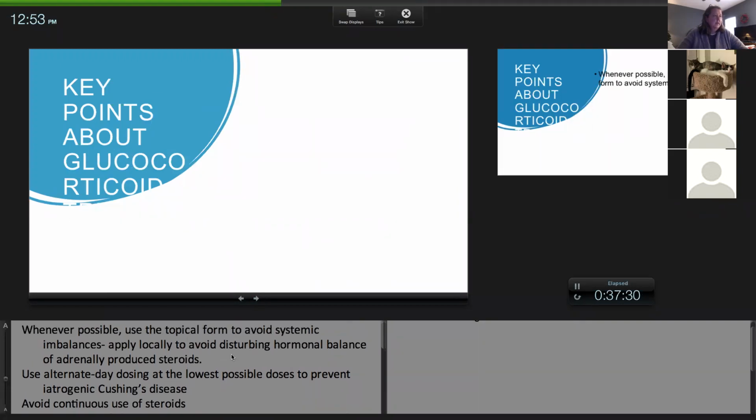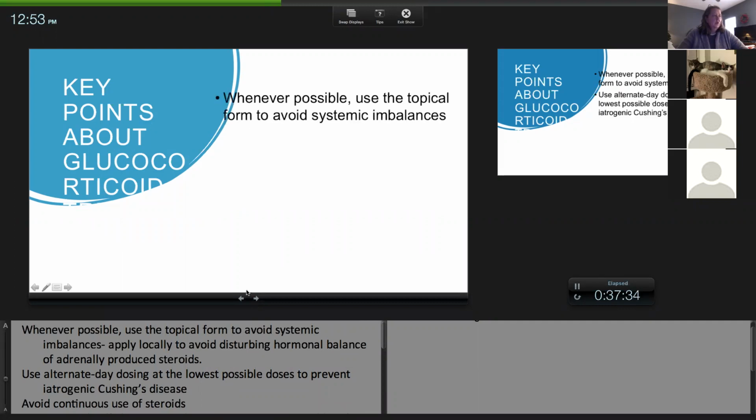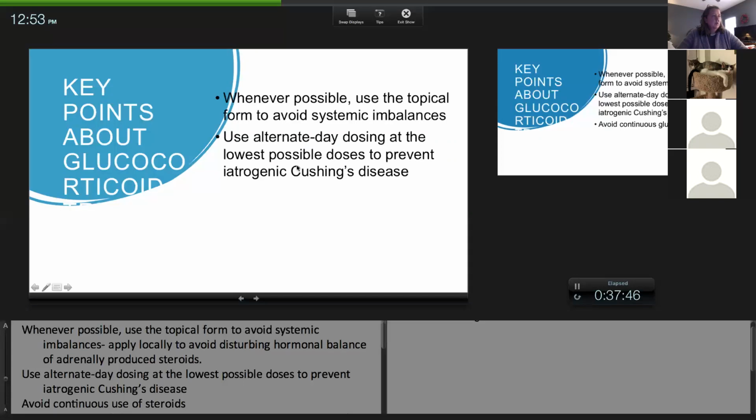So some things to think about: obviously topical is going to give you less side effects naturally. And sometimes you can do alternate day dosing.